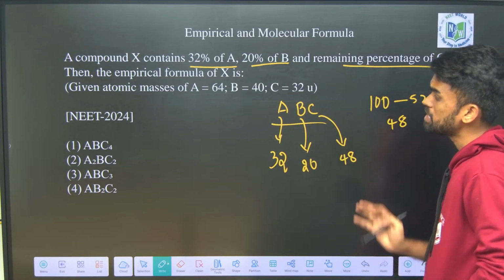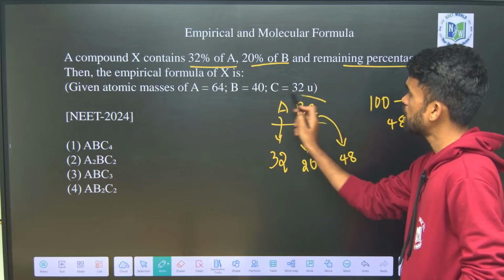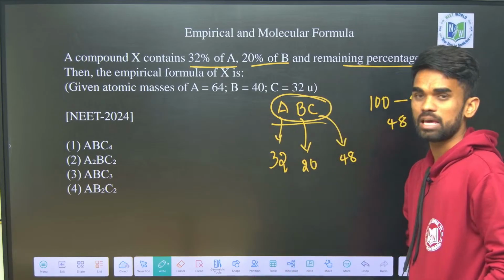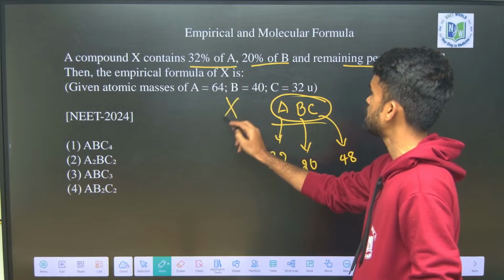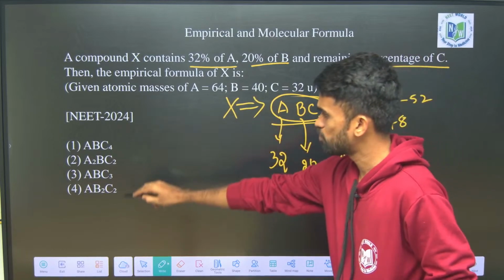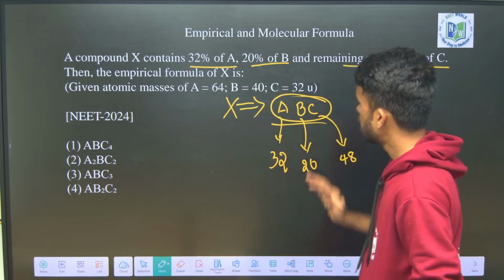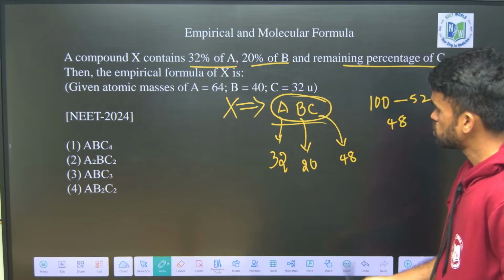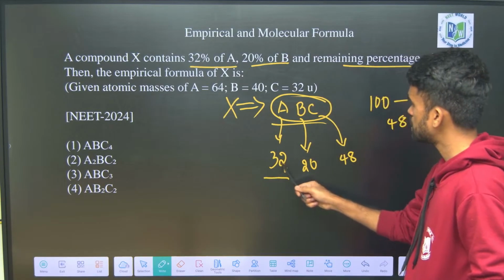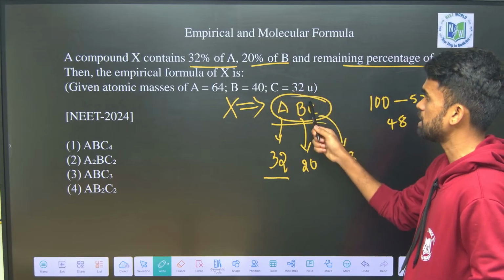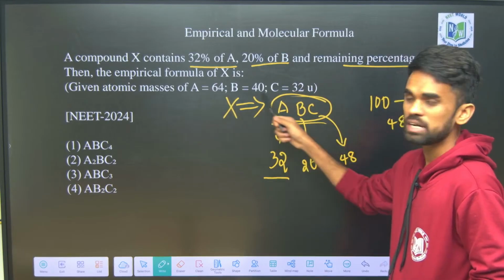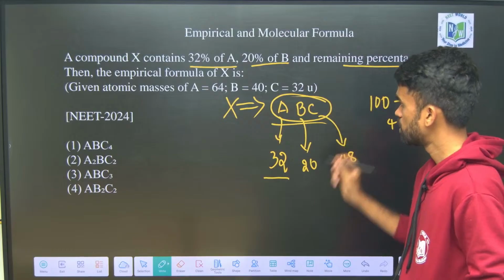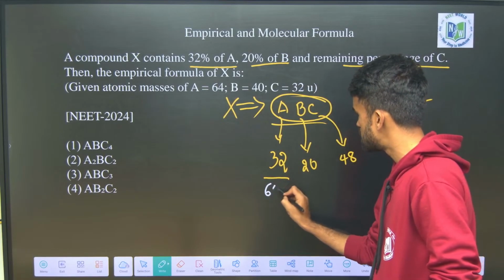Okay, and what is the empirical formula that can be made from this A, B, C, which is indicated with X? Out of these 4 options we need to choose one. So divide the weights of those A, B, C with their atomic weights given in the question itself. So 32 divided by 64. Why?